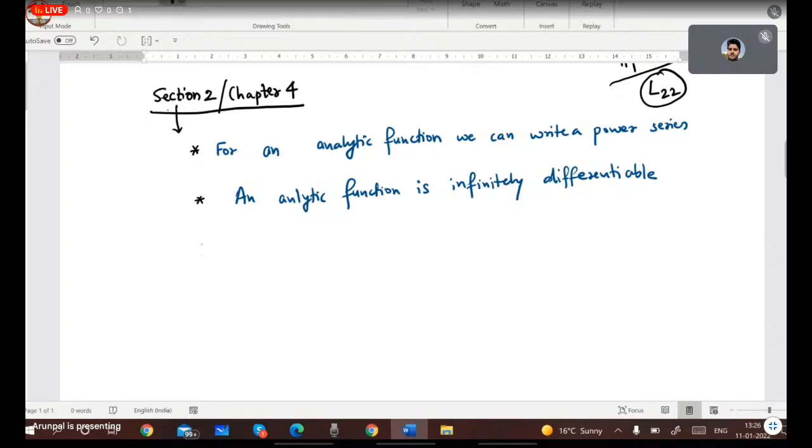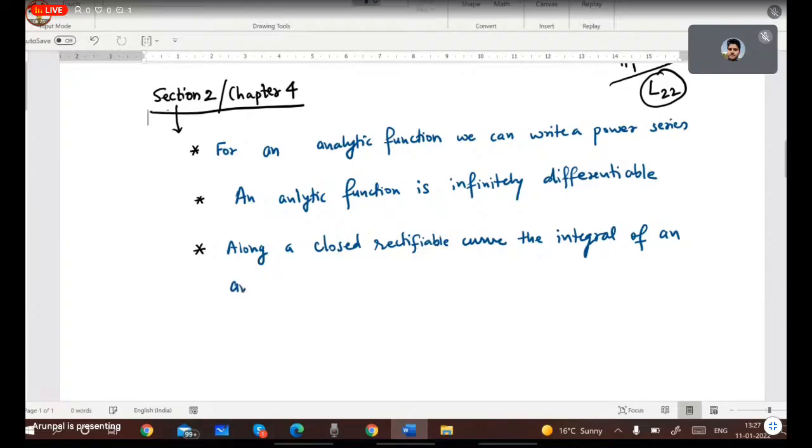And thirdly, what we shall be learning in this section is that along a closed rectifiable curve, the integral of an analytic function vanishes. Vanishes means is zero.